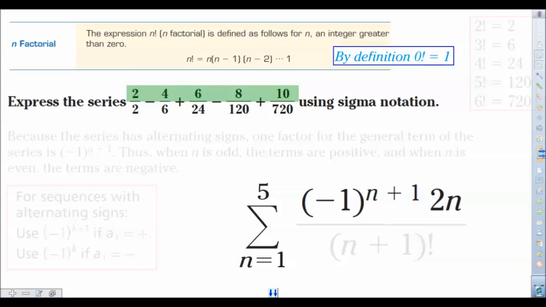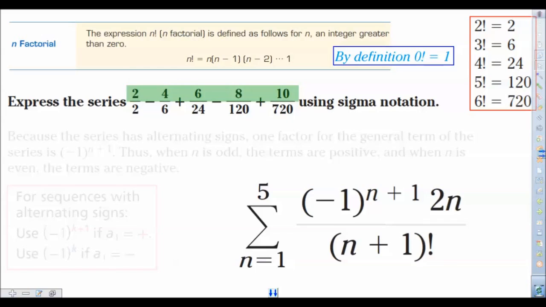So we'll just tack on this little rule on top of it. Notice that we started off with n being 1, so that'll give us all those terms in the right spots. Look at the denominator though. Denominator 2, 6, 24, 120, and 720. Not a recognizable pattern. However, if you looked up here, there was something floating up here this whole time: factorial. Notice that 2 factorial is 2, and 3 factorial is 6, and so on and so forth. So really what we're looking at down below in the denominator is a factorial situation.